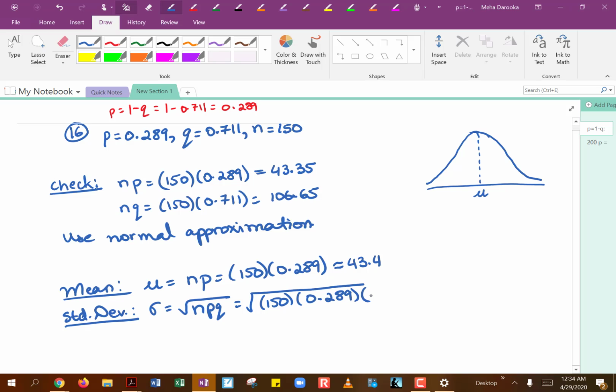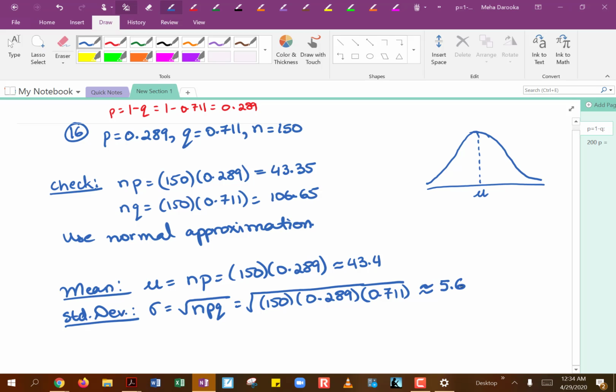When we multiply all of these together and then take their square root, we get approximately our standard deviation, and again I'm going to round this to 1 decimal place, it will come out to be approximately 5.6. Okay, so we found the mean, we found the standard deviation.